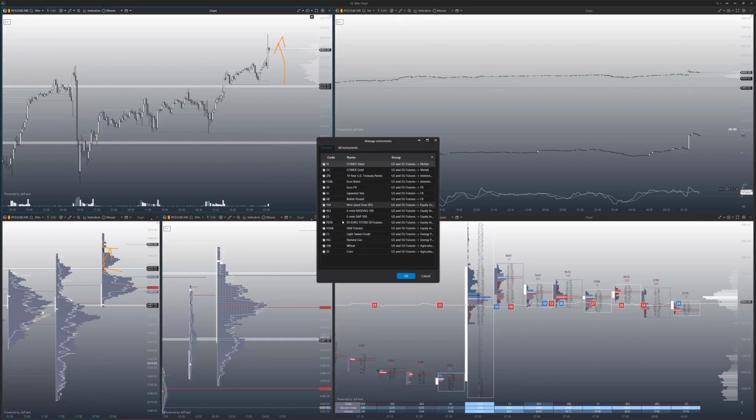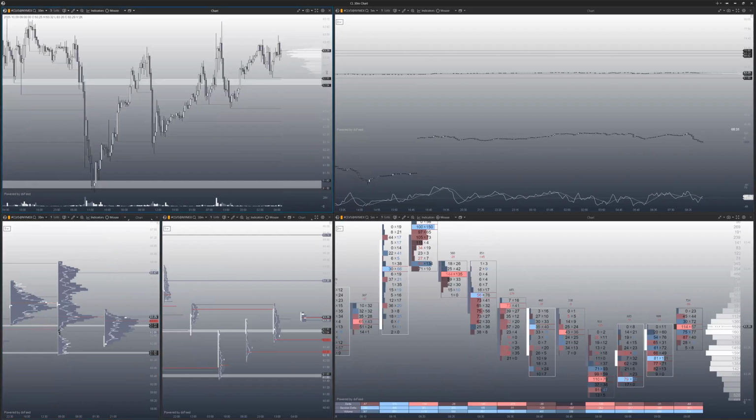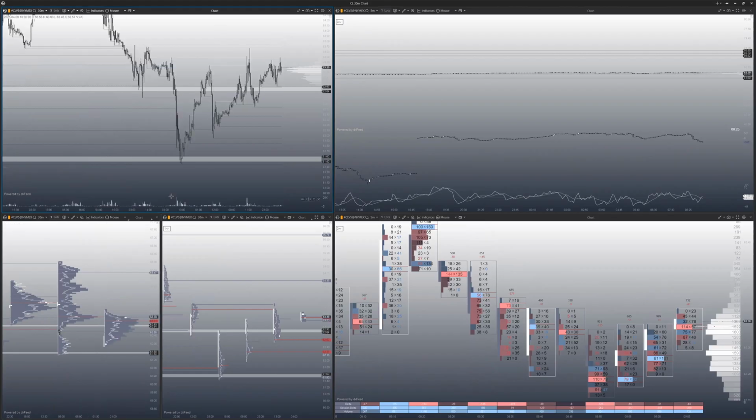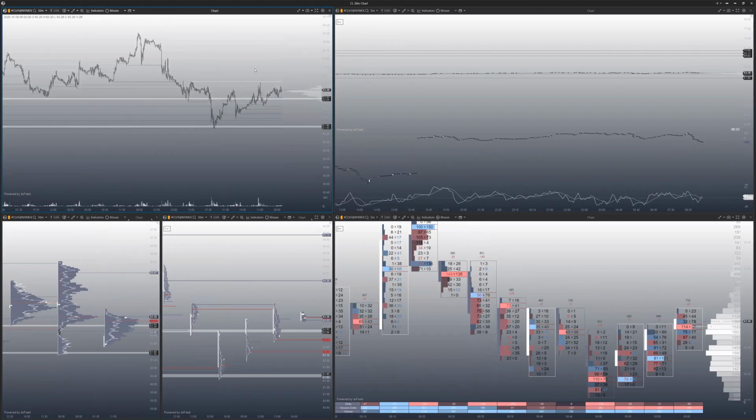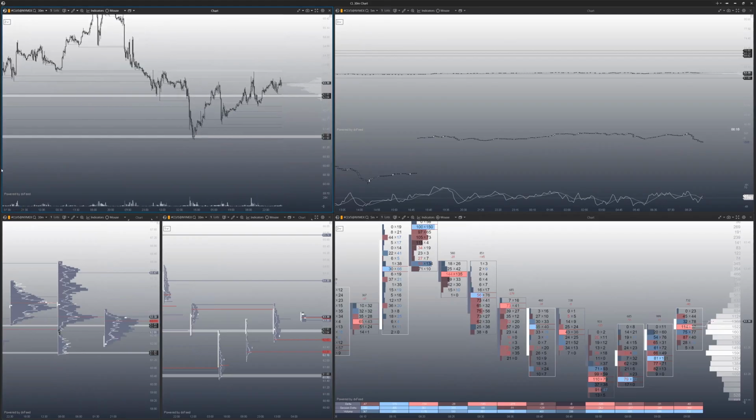Let's look also at crude oil. Let's see the big picture first. And we see we had the first moves all to the downside.